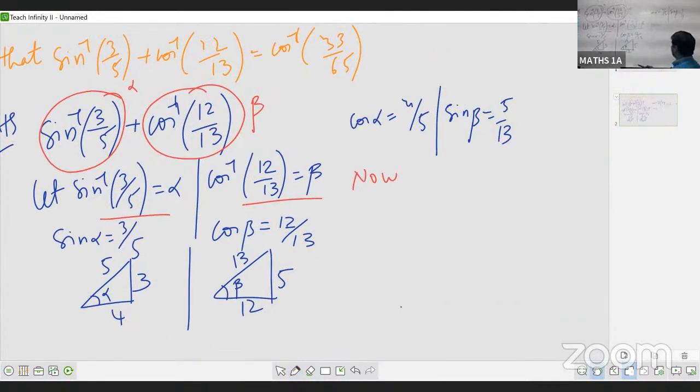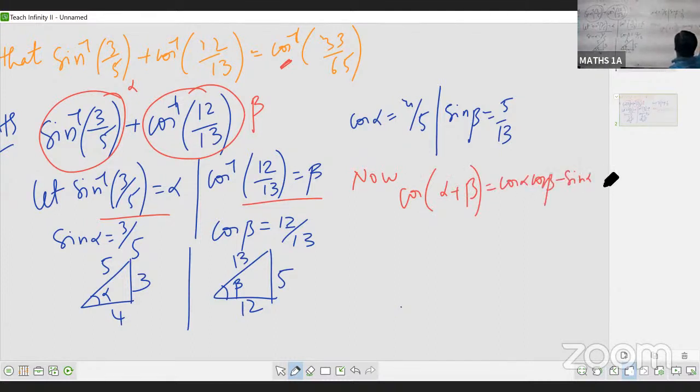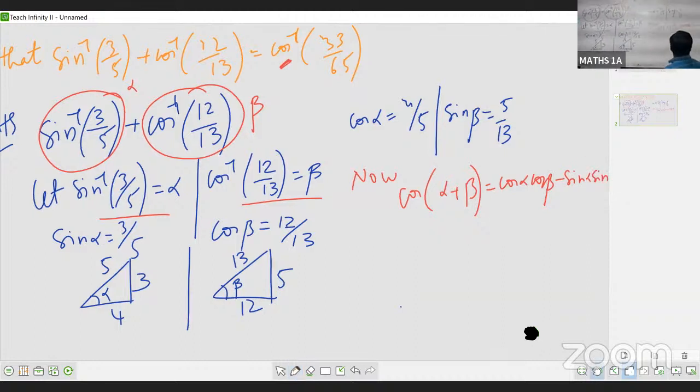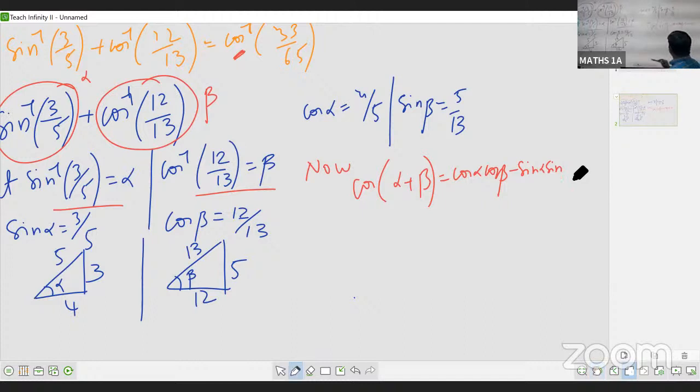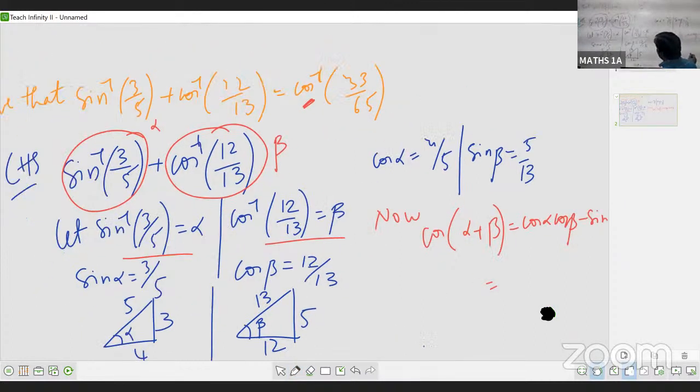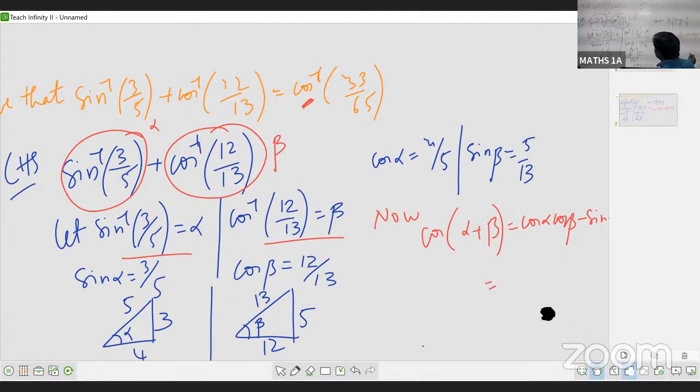Since he is asking in terms of cos inverse, cos of alpha plus beta is cos alpha cos beta minus sin alpha sin beta. Now what is the cos alpha value?